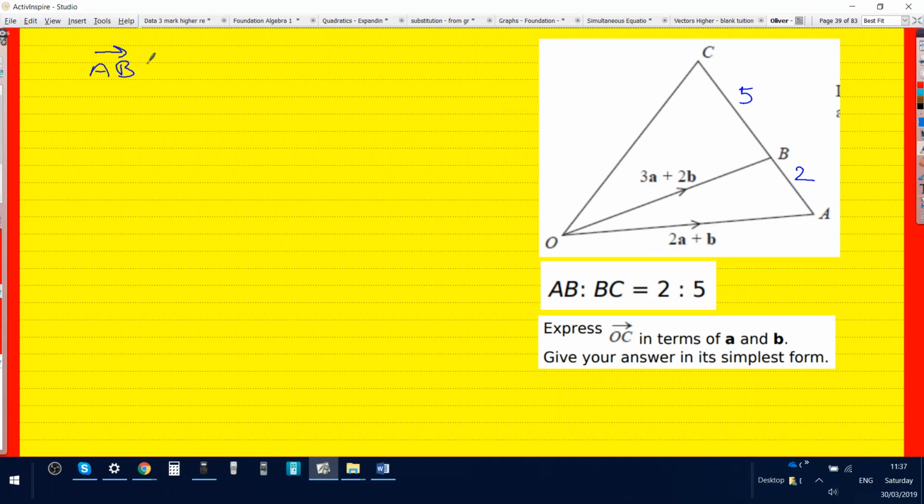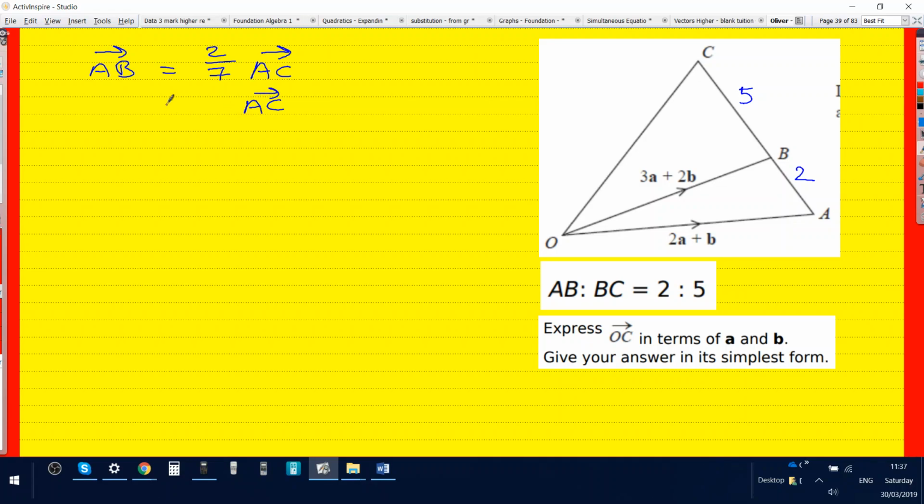So 2/7 of what? 2/7 of a to c. And then a to c equals 7/2 a.